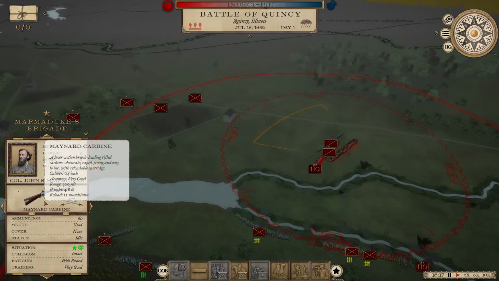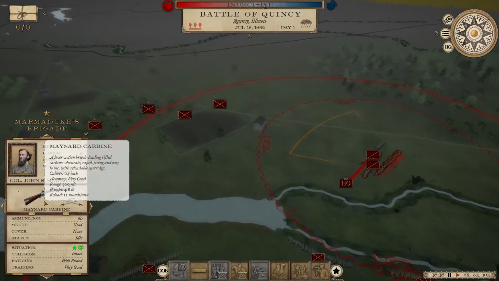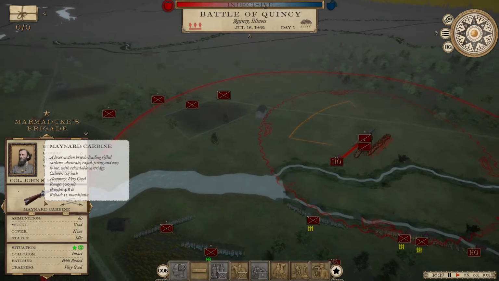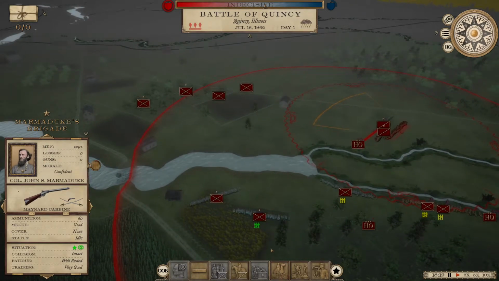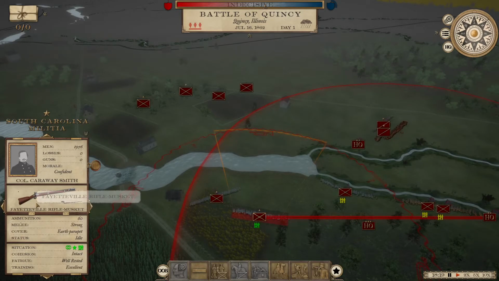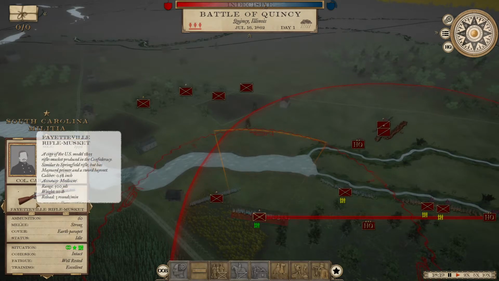So if you're on a unit's flank, they're not pointed at you anyways. And the really big advantage is in the, I guess you're looking at reload, but it's really the rate of fire, right? They're able to pump out 12 rounds a minute. I think these guys had the Fayetteville, 3 rounds a minute.